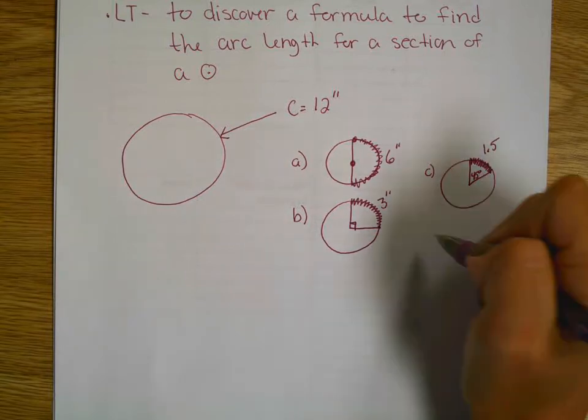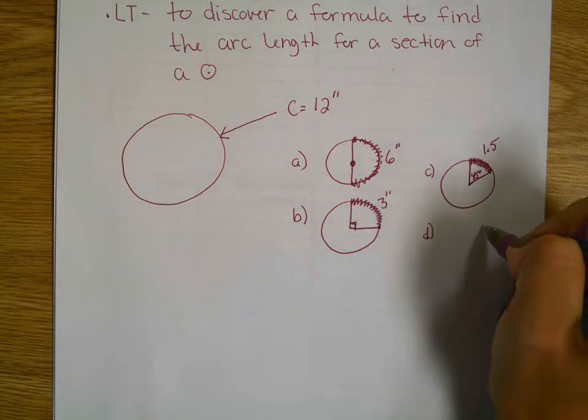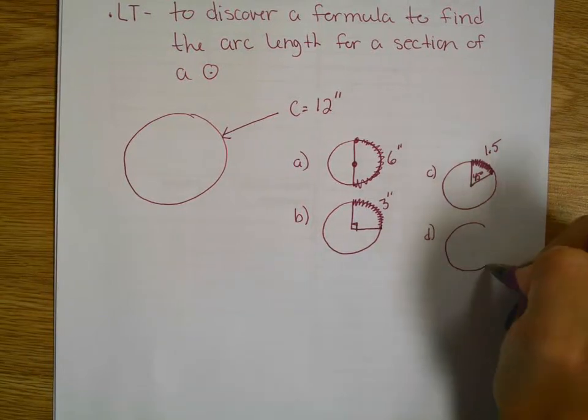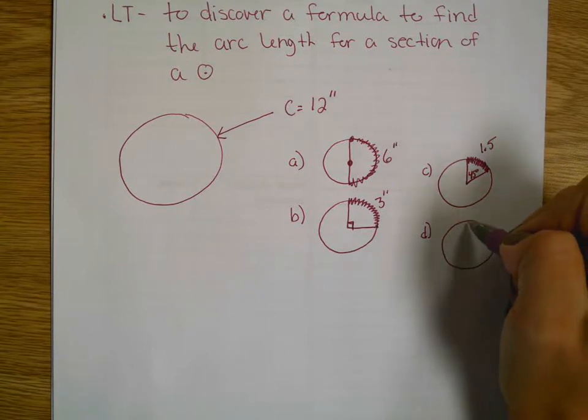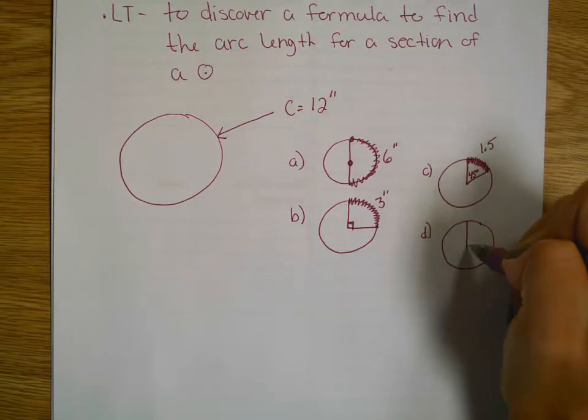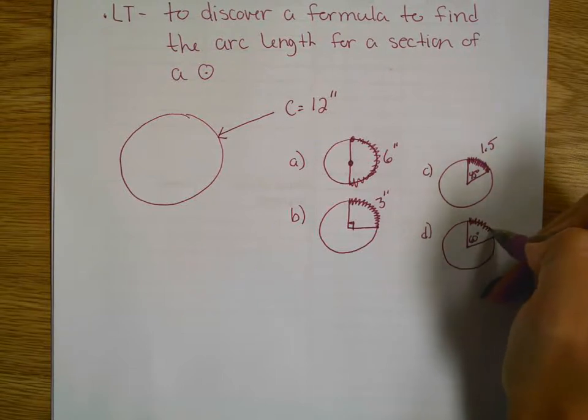So now I want to make it a little more, let me change one more then. I didn't realize I cut that in half. I'm going to go with one more. Let's go 60-degree angle. How could we get that?